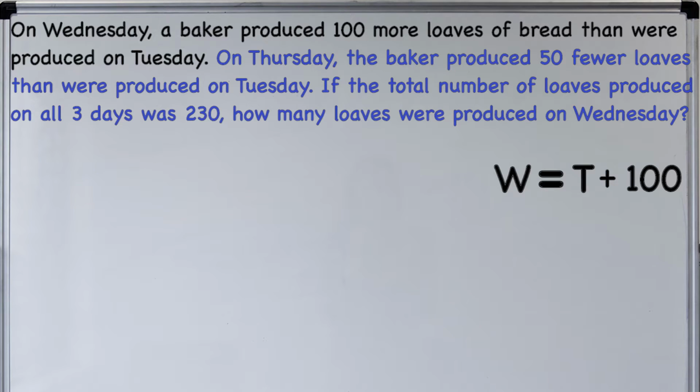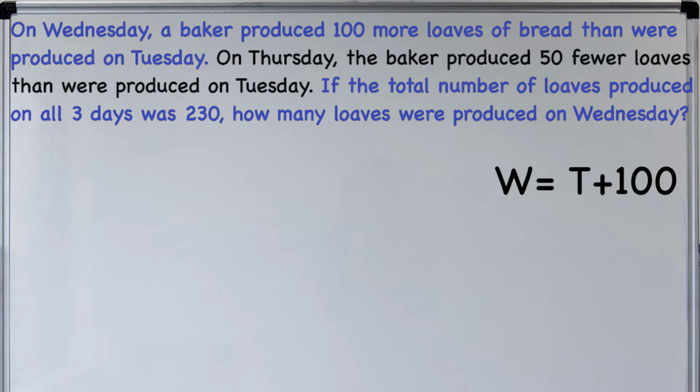Okay, next sentence. On Thursday, the baker produced 50 fewer loaves than were produced on Tuesday. So here we have another variable. We have Thursday, and we already used T for Tuesday, but we can use TH for Thursday just for clarity's sake. And we also have to notice the word fewer, right?